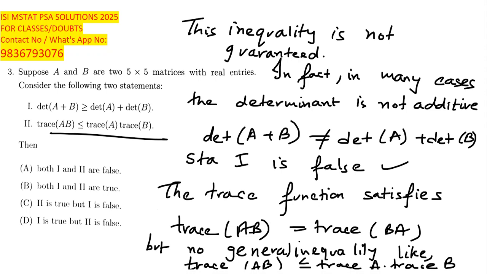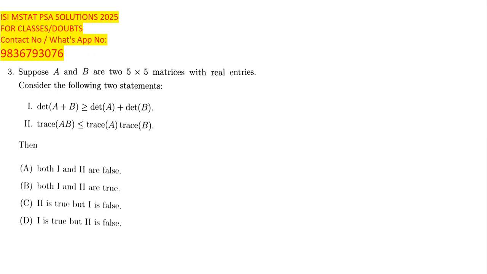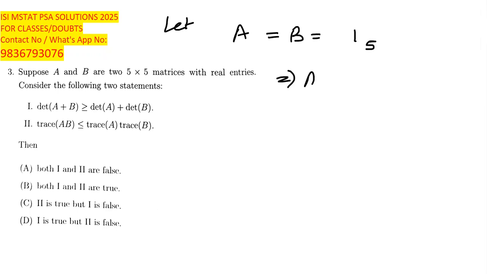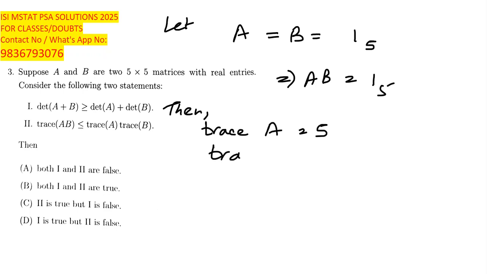How? If I give you a counterexample, we can see it. Let A equal B equal I5, so AB equals I5. Then trace A will be 5 and trace B will be 5.